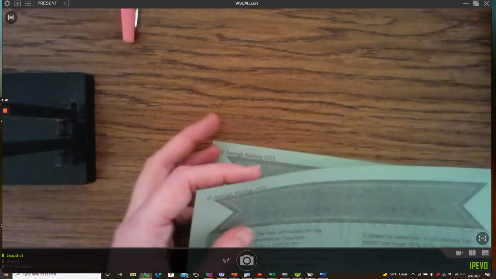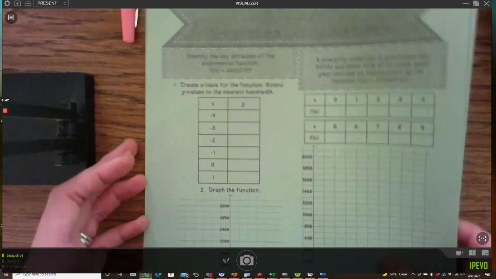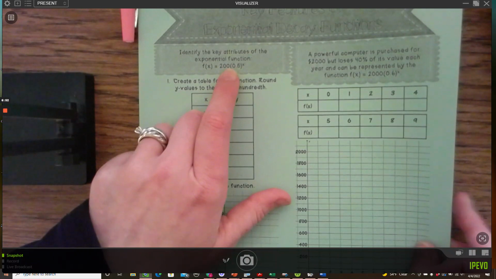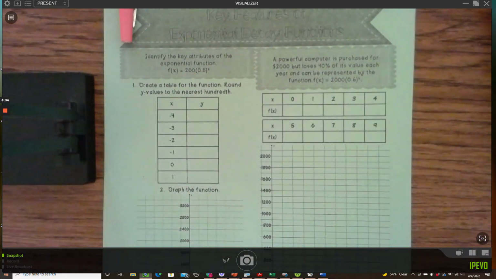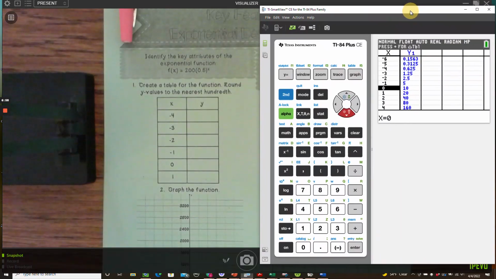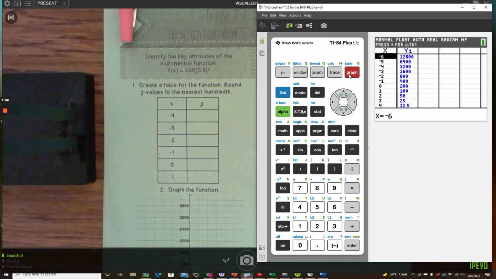Okay, so decay is identical, they just look a little bit different. The first one here says identify the key attributes of the exponential function 200 times 0.5 to the x power, and we do the exact same thing. We go to y equals, we do 200 times 0.5 to the x power, and then we look at the table.